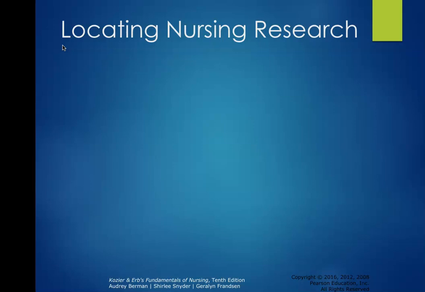CINAHL is a lot easier to say, but it is very comprehensive. It is very relevant and a great place to go to look for literature reviews and databases. There are other things listed here: Medline, PubMed, and Health Sources.